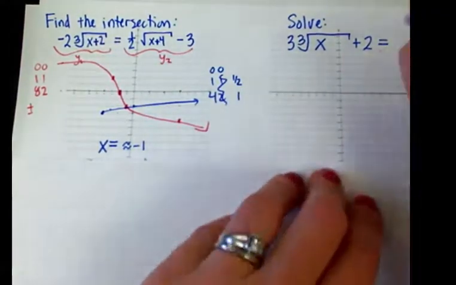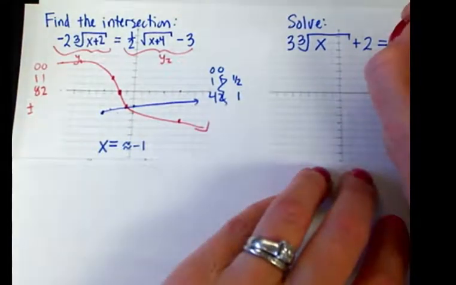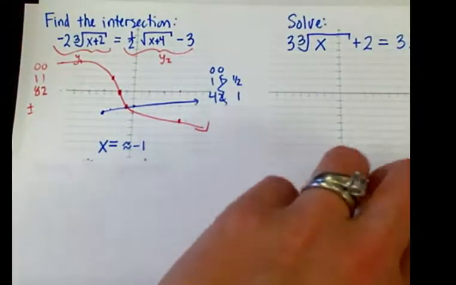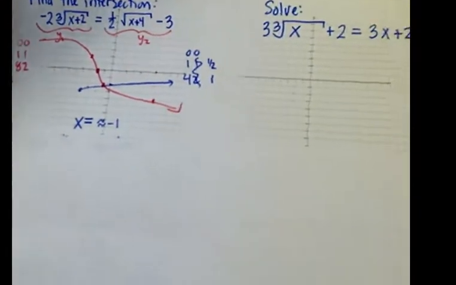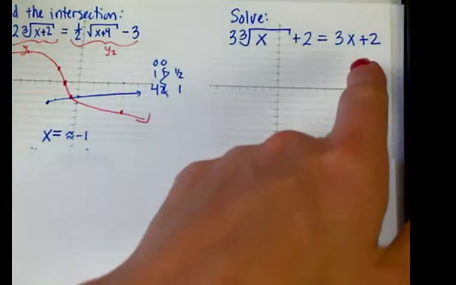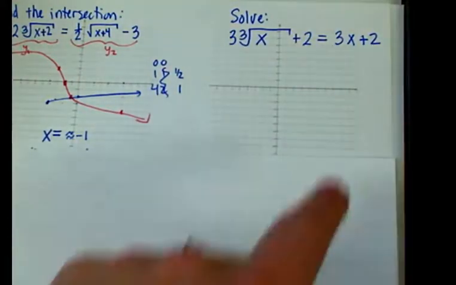Equals 3x plus, oh, fancy. Okay. There you go. Ooh. Cube root, linear, right? That's a line.